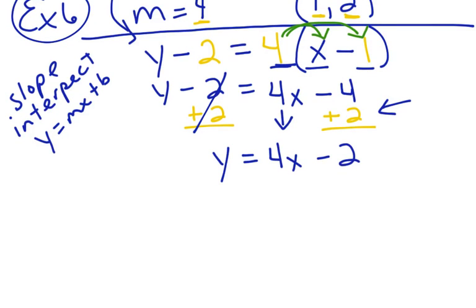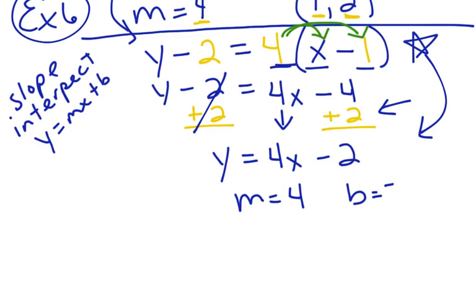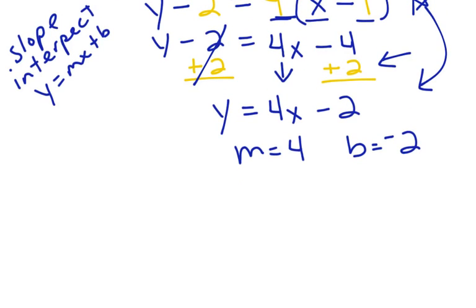Now, I have simplified this into slope-intercept form, so now I can tell you that my slope is 4 and my y-intercept is negative 2, which means that I can now graph that equation. Put a dot at negative 2, go up 1, 2, 3, 4, and over 1, and there's my line. Okay?